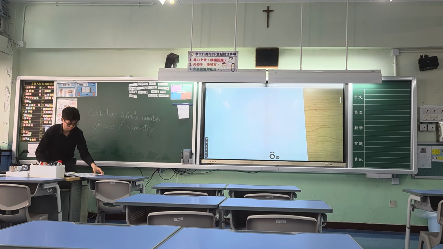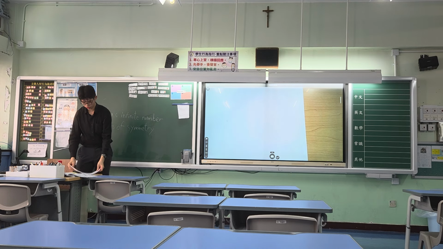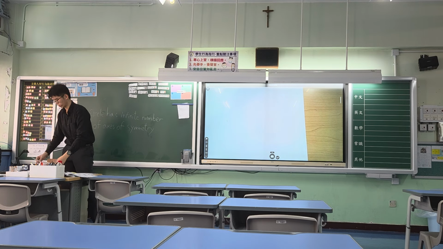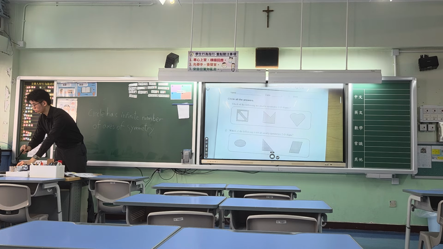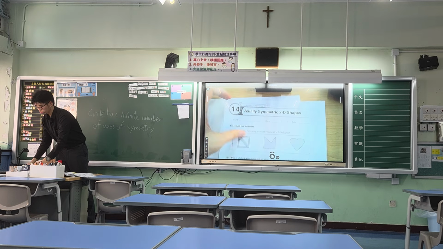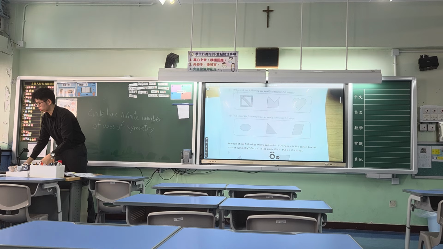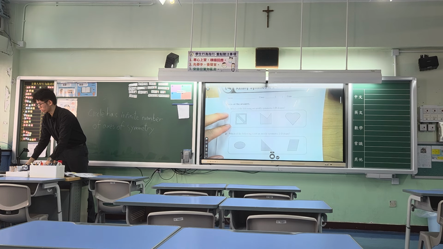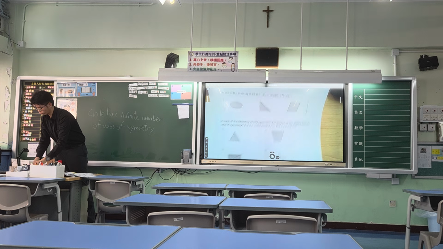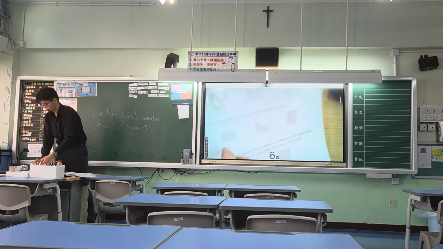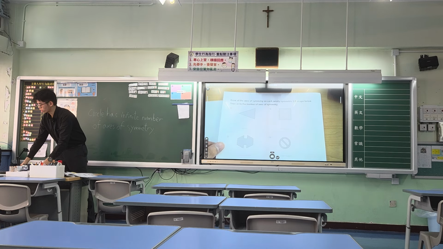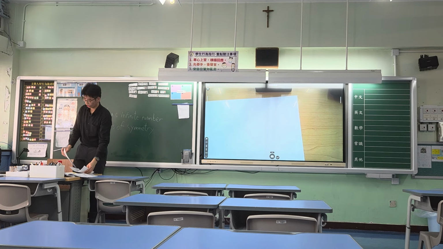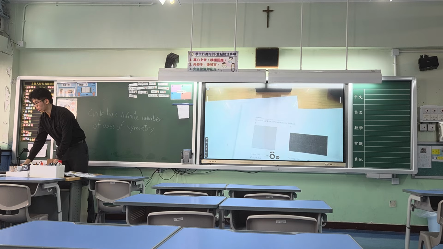Before we go to the revision, I'm going to distribute the homework tonight. The homework tonight is, you are now able to figure out whether or not this shape is symmetric and whether or not these dotted lines are the axes of symmetry of a shape. Now I will distribute the revision card.